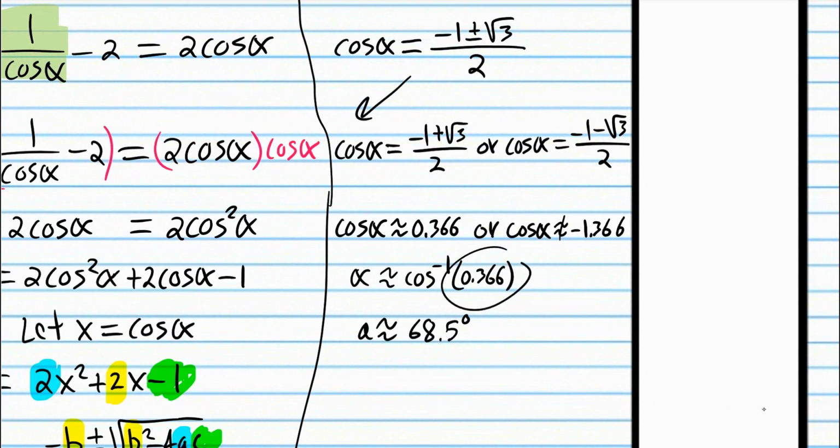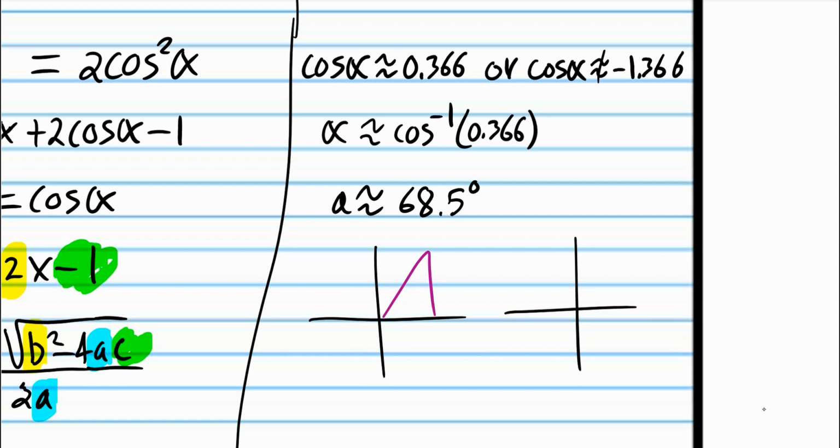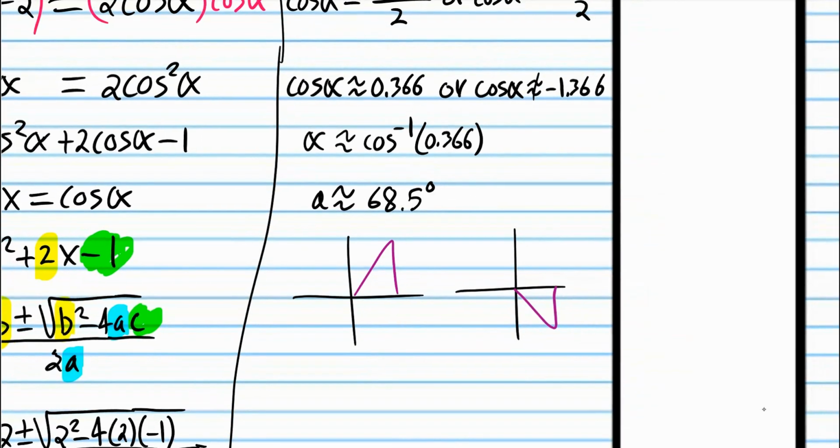Now, if cosine is positive, then our answers are going to be in the first quadrant and the fourth quadrant. So this angle here is 68.5 degrees, and we need this angle here, and we can find that understanding that the reference angle is 68.5.